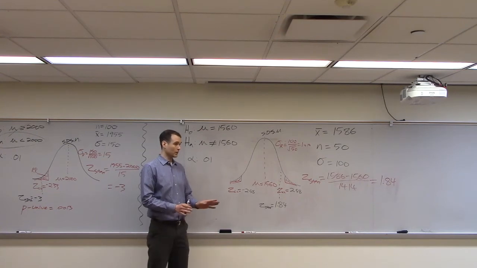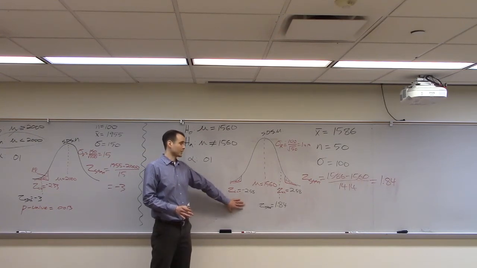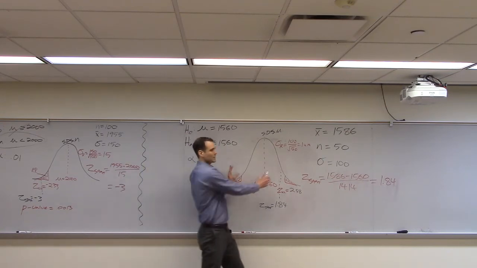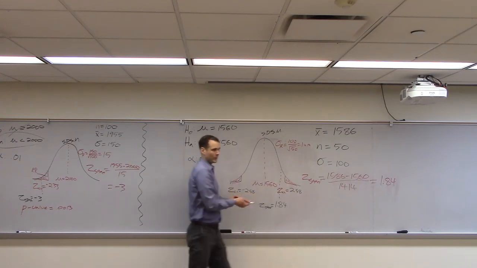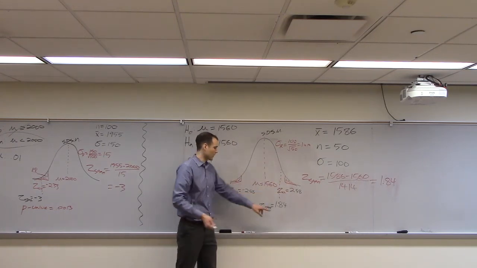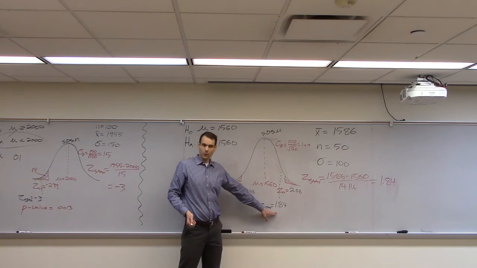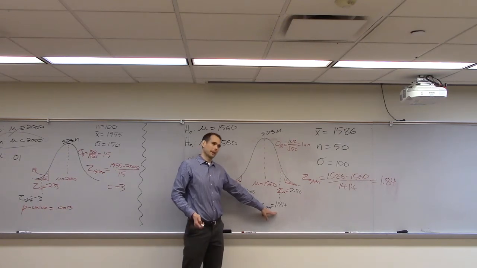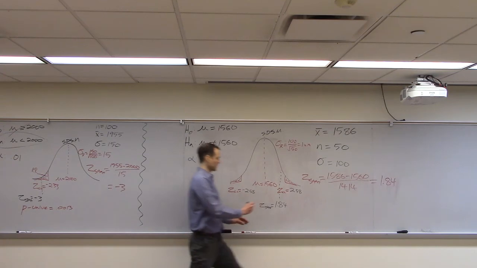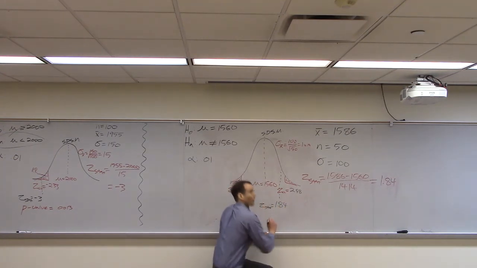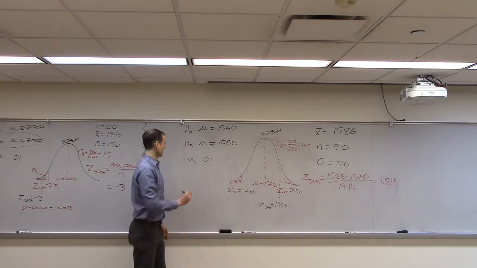There's one little thing we need to go over with two-tailed tests, and that's the p-value. Because it's a two-tailed test, we need to find the area under the curve for a z-stat of 1.84, and we need to double it. That's the bottom line. The area under the curve for 1.84 is 3.29%.